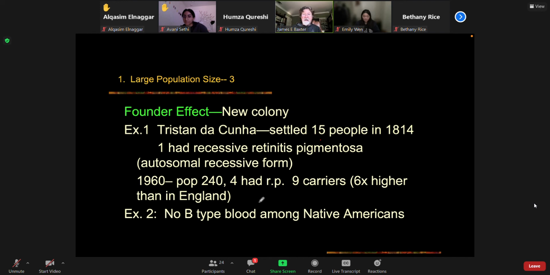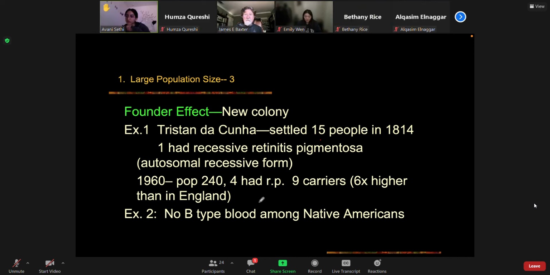Okay, yes, Vanny. So Native Americans were the indigenous Americans here. Exactly. They were the first Homo sapiens to ever set foot on this continent. And the European immigrants brought the B-type blood. Yeah, in fact, the European immigrants brought a lot of things, like diseases and other things.